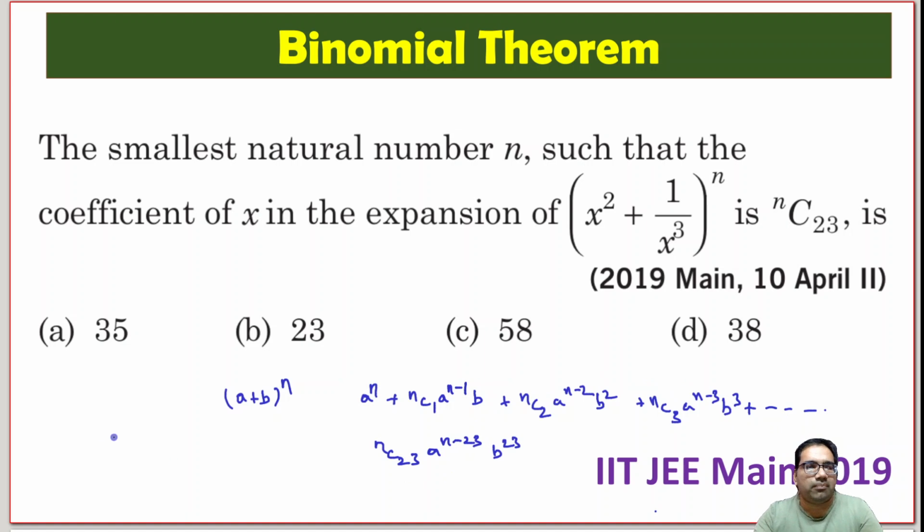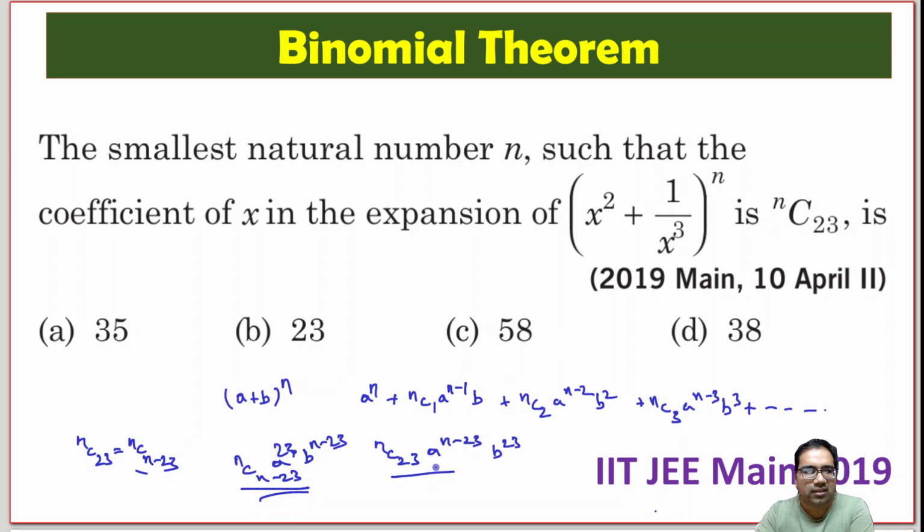At the same time, because nC23 is also equal to nC(n−23), there will be another term with the coefficient nC(n−23), that is nC(n−23) a²³ bⁿ⁻²³. So these two terms are the terms of our concern here.